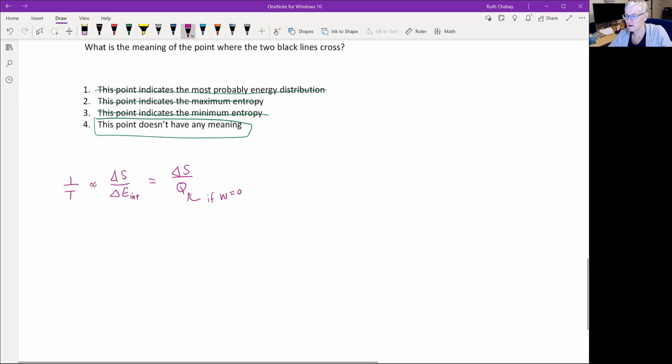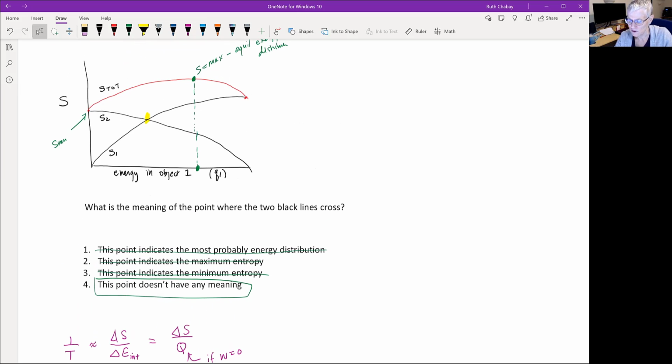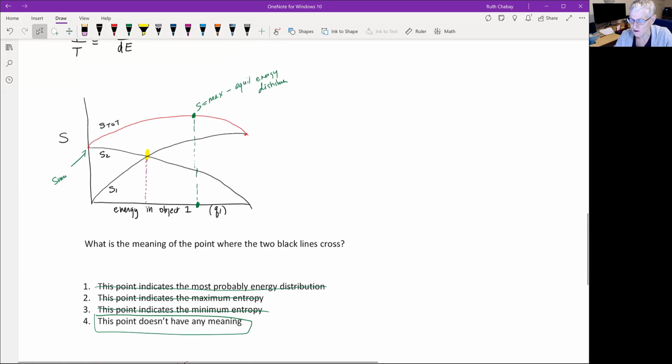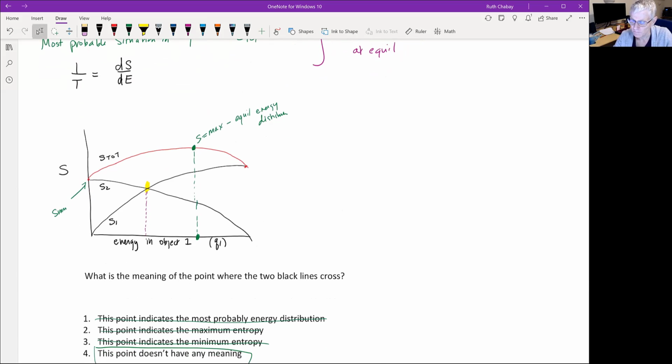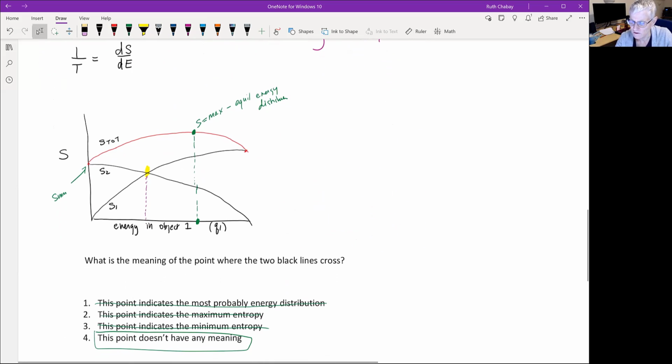So does the intersection indicate that the objects have the same amount of internal energy? Yes, right? Because, well, no, it doesn't. It doesn't indicate that either, because Q in this graph here, for example, which was, I think, for a system that had 400 and 100 oscillators.